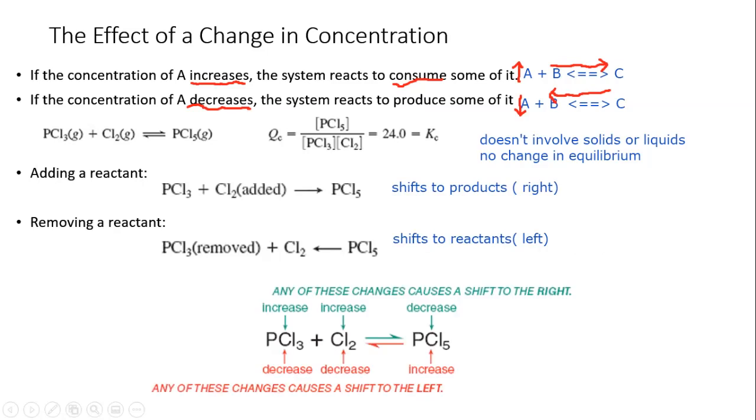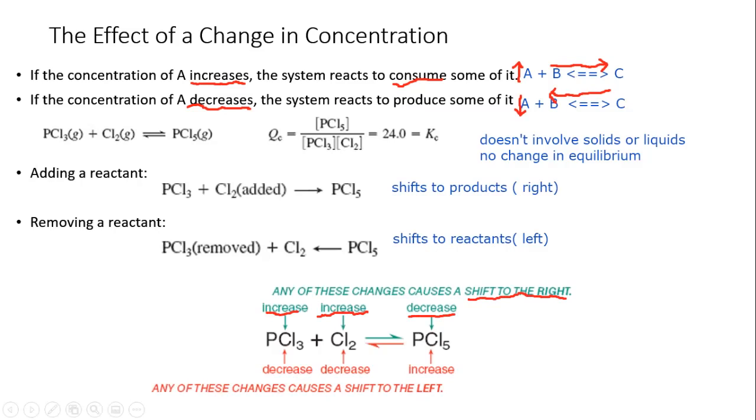So the green represents any change that causes it to shift to the products. And so that means increasing a reactant will shift to products, or decreasing a product, it will shift to products.